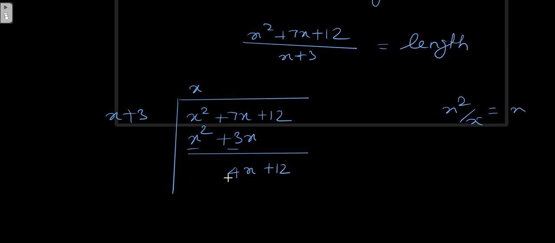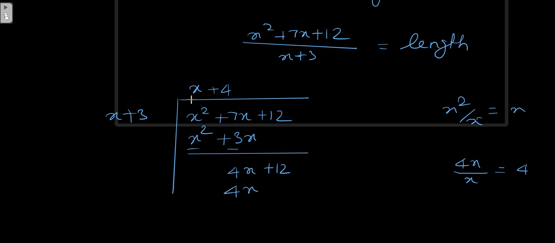Just removing this minus minus, you will get 4x plus 12, because 7x is greater, minus 3x is smaller. So subtract and put the greater sign. Clear? 4x plus 12. And then what is next? I think next is 4x divided by this x.